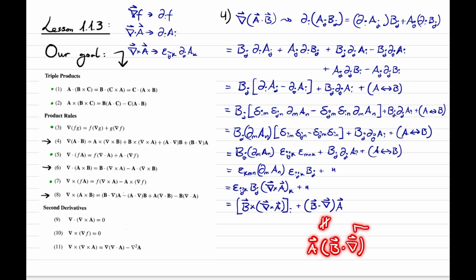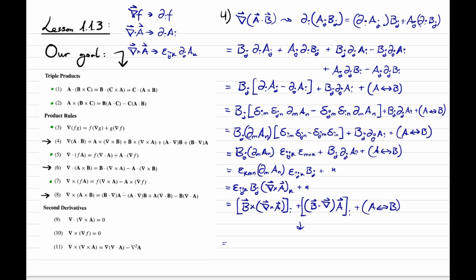The nabla needs to operate on something, so the nabla is operating on A, so we can't swap things now, so this has to stay compact, you can't move around things. So this is the ith component, and now we have to interchange A by B, and now we can translate this back to vector notation.